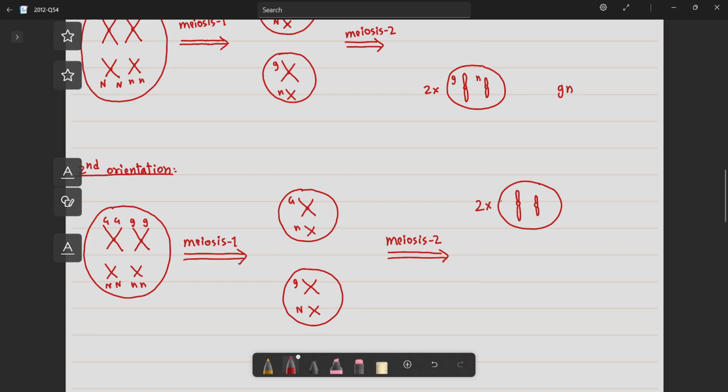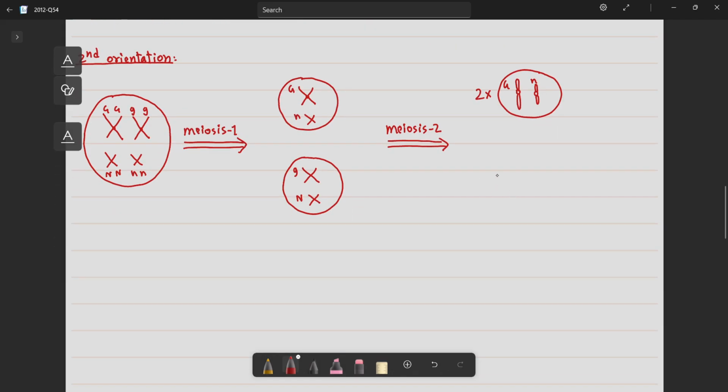This one carries G and small n, one dominant allele for one gene and one recessive allele for the other gene. The other one here has the recessive allele for G and the dominant allele for N.